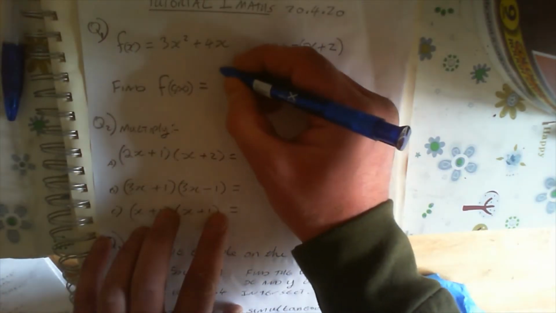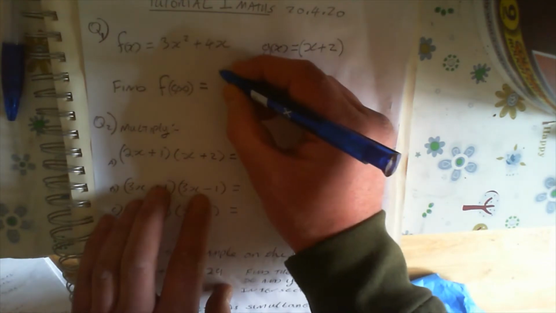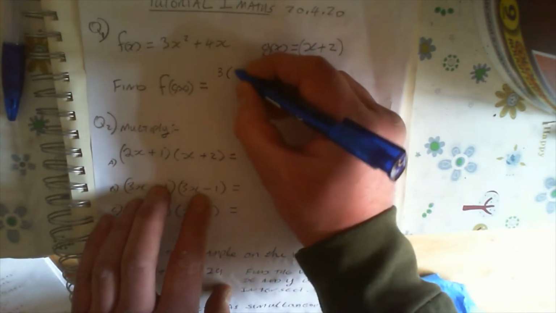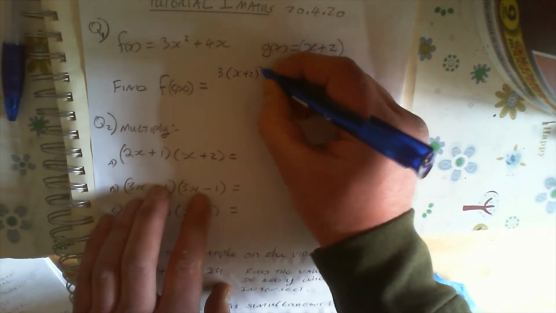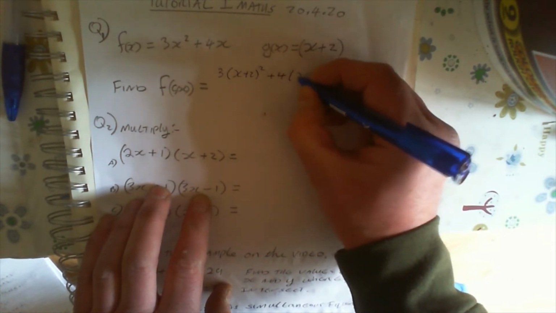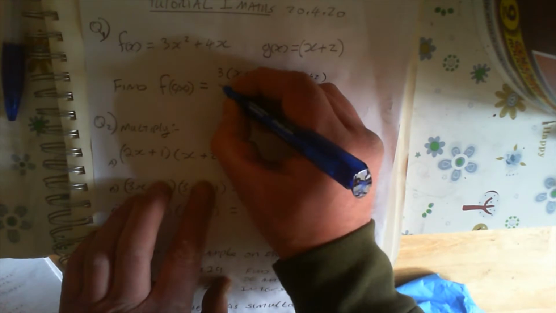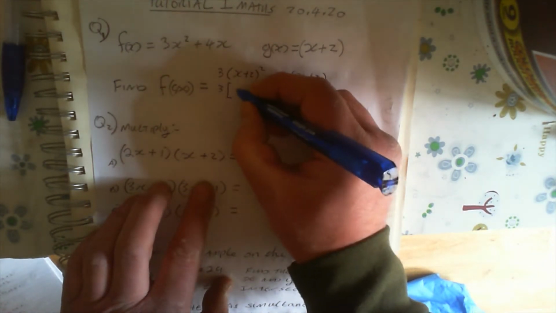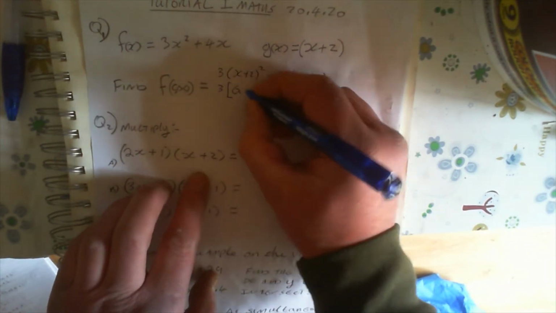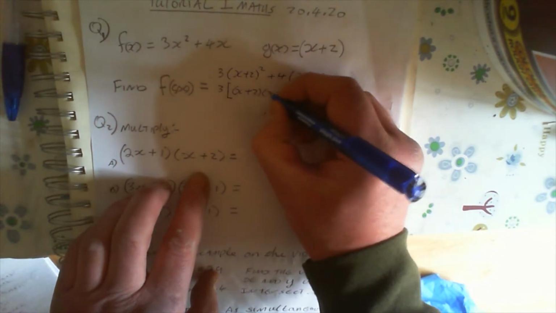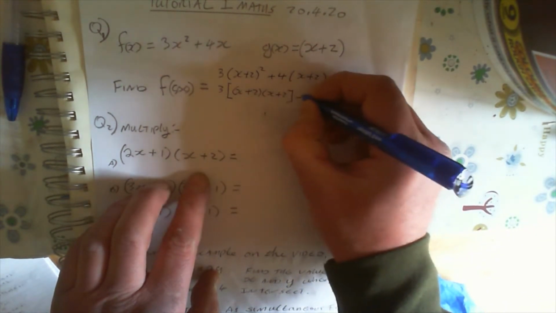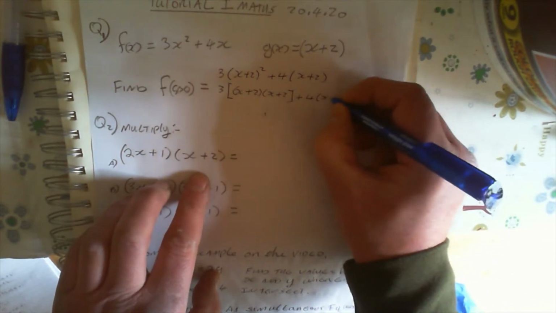So we're going to get, I'll do it up here so I've got space, 3 times (x plus 2) squared plus 4 times (x plus 2). And 3 times this whole lot, (x plus 2) times (x plus 2), plus this 4 times (x plus 2).